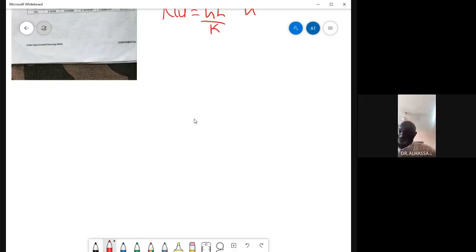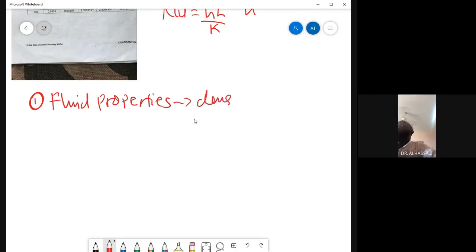One of them is the fluid properties, such as density, rho, viscosity, and also thermal conductivity of the fluid.